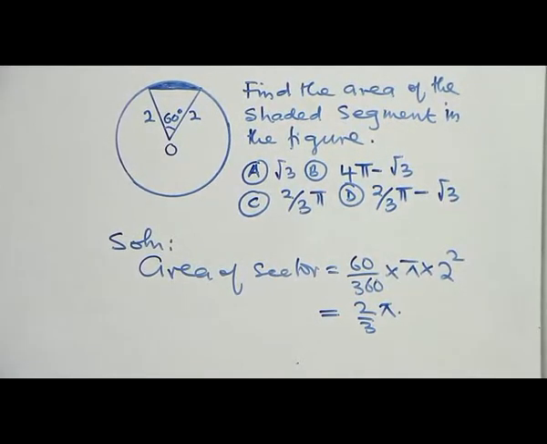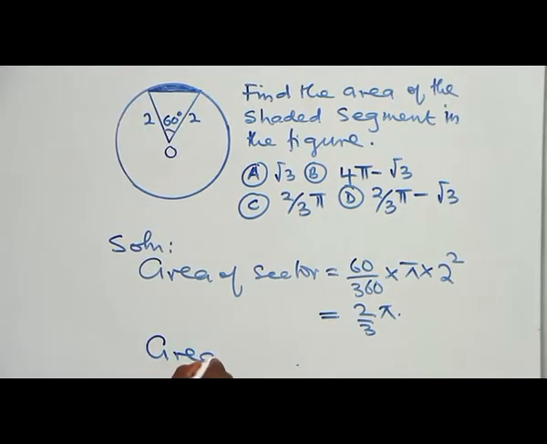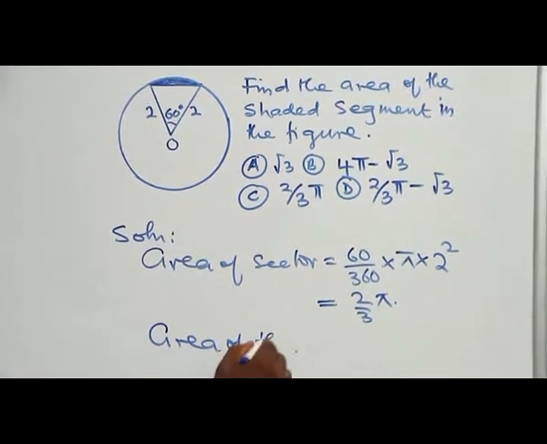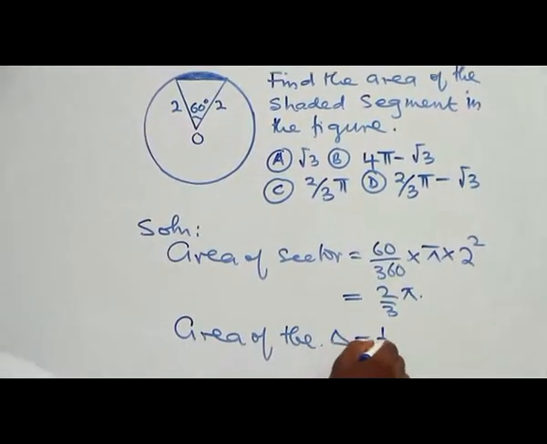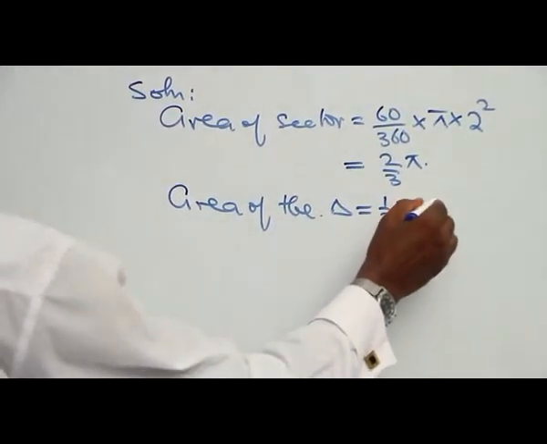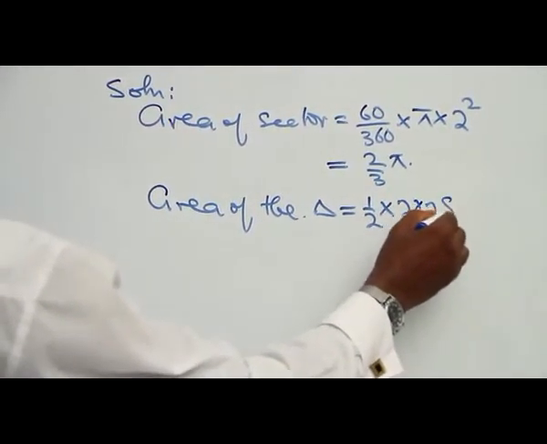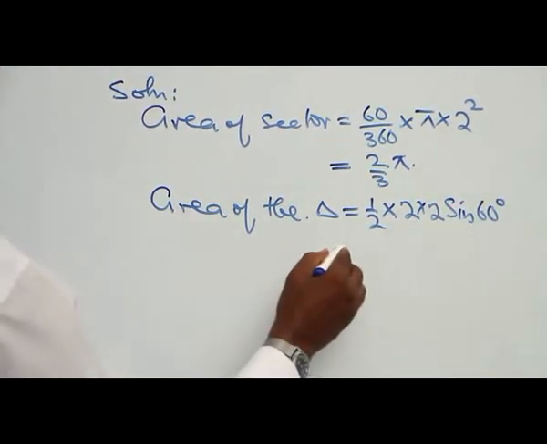Then you will now find the area of the triangle. So we have area of the triangle will be equal to half times 2 times 2, multiplied by sine 60 degrees.